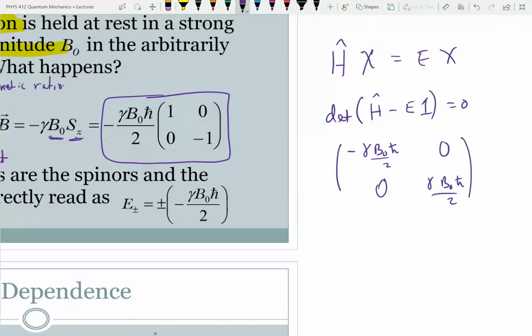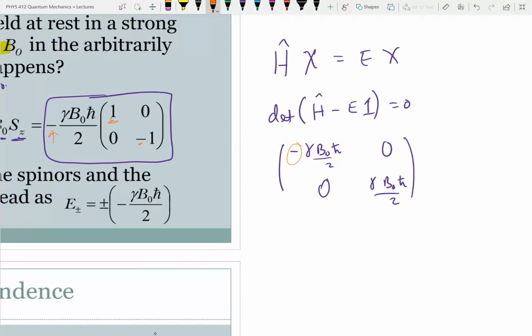Notice there was a minus sign out front, which is why this term here became negative, and the one that had the negative sign became positive. And so our two eigenvalues are minus and plus, because that's our H matrix.